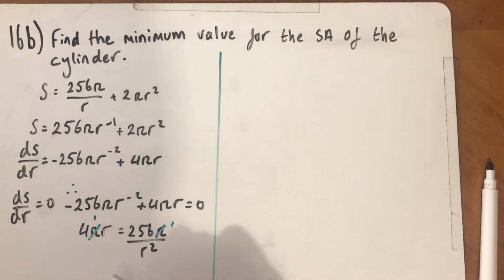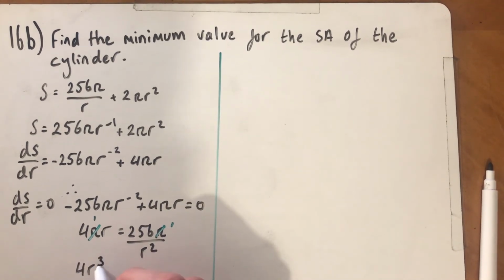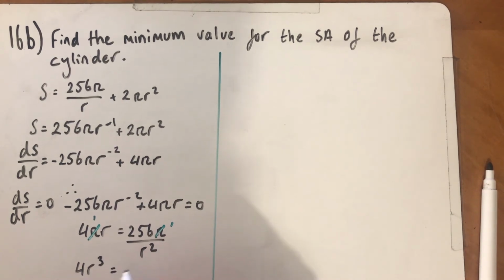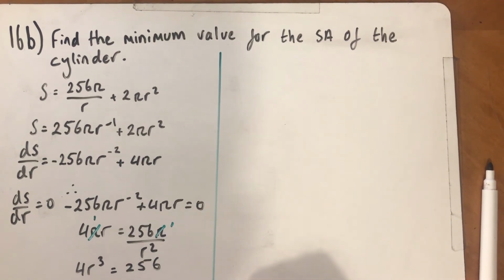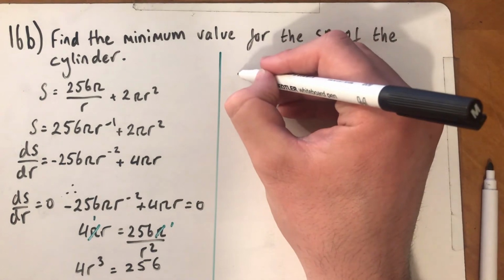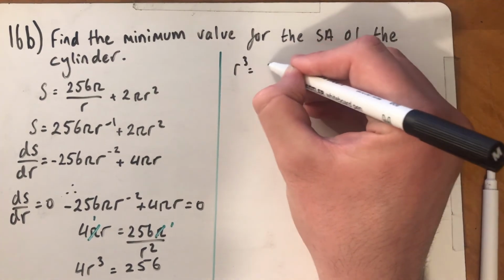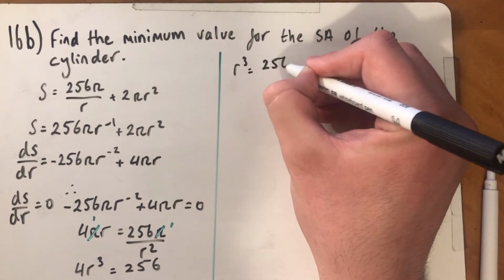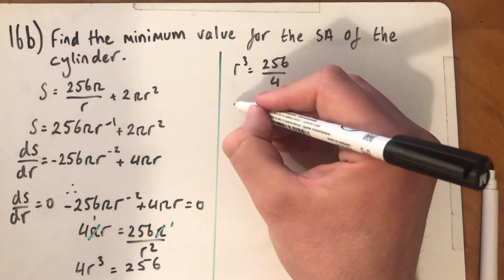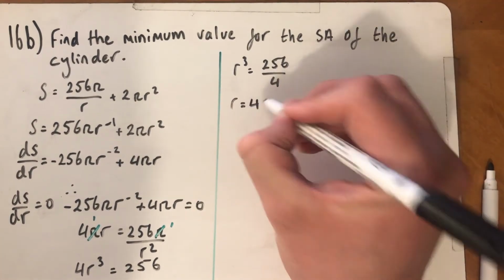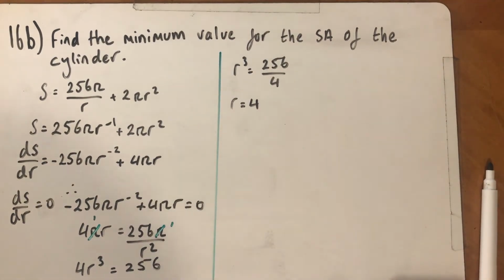Now we multiply both sides by r squared, so we're left with 4r cubed is equal to 256. Now I divide both sides by 4, so we get r cubed is equal to 256 over 4. If I take the cube root of both sides, you should find that r is 4.